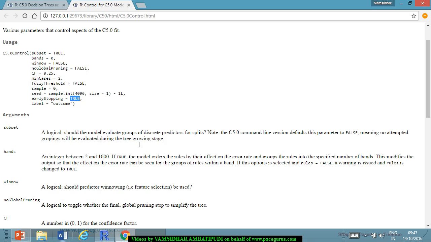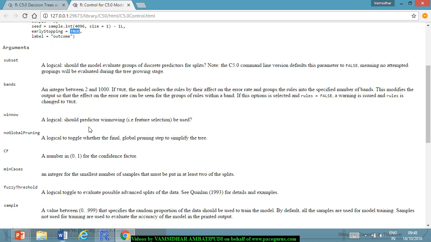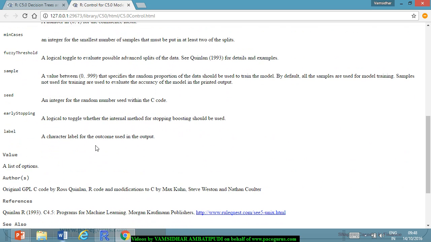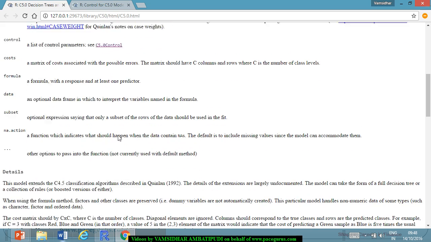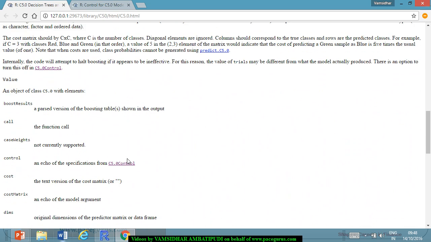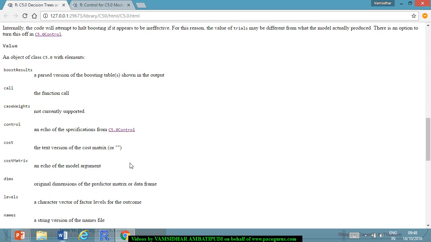When any of these things has occurred, it will automatically stop the pruning of the tree. That's one of the prime reasons we use the C5.0 algorithm more compared to other decision tree algorithms, because there are a lot of things which are pre-built, which are automatically taken care of by the model itself.